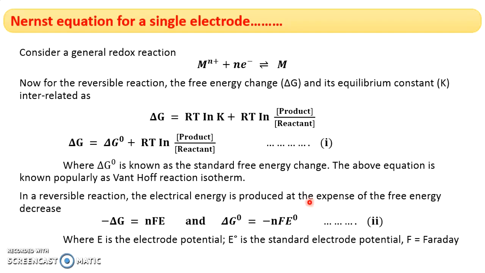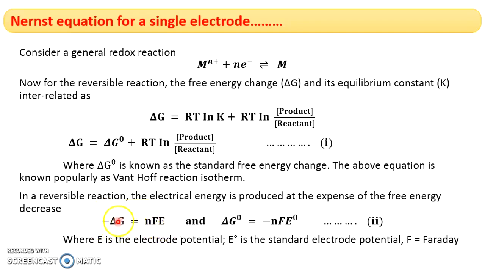This can be put into an equation form like this: minus delta G is equal to nFE, where minus delta G indicates free energy decrease, n is the number of electrons transferred, F is the Faraday, and E is the electrode potential. So when the electrode potential is positive, free energy decreases.